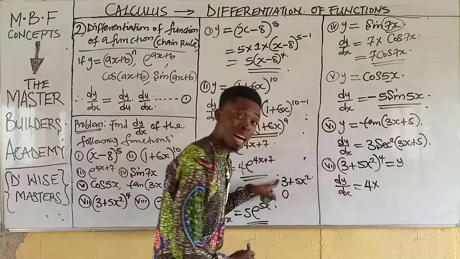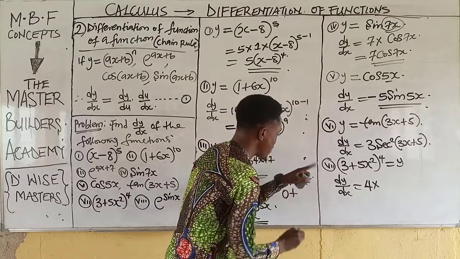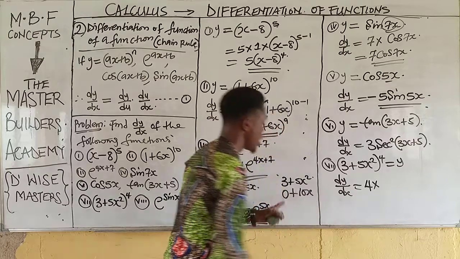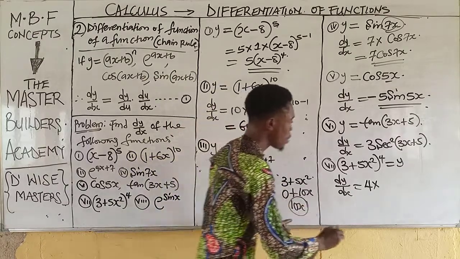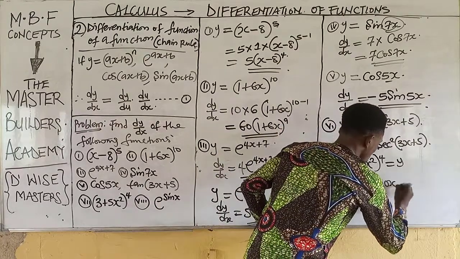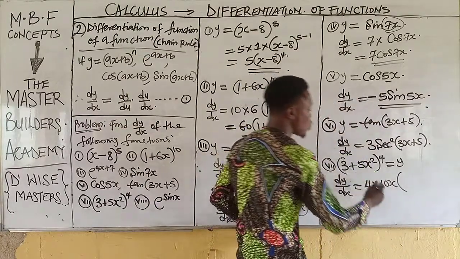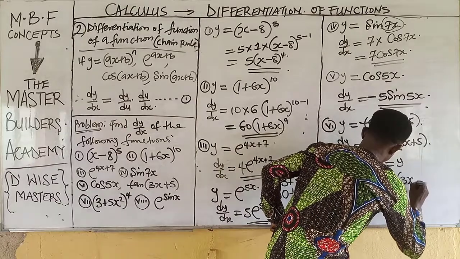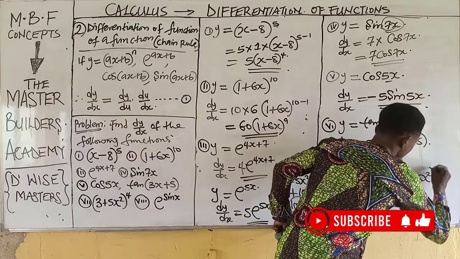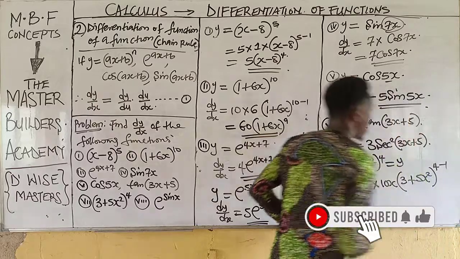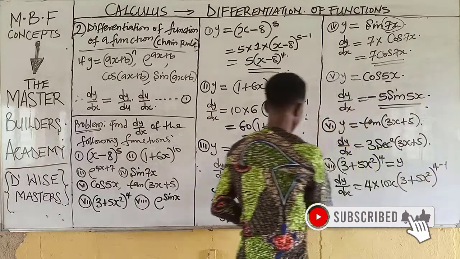When you differentiate 3, you have 0. But when you differentiate 5x^2, you have 10x. And 0 plus 10x, we are going to have this as 10x. Then we multiply this by 10x. Open bracket, repeat the given question, which is 3 + 5x^2, all raised to the power of 4. Now reduce the power by 1.